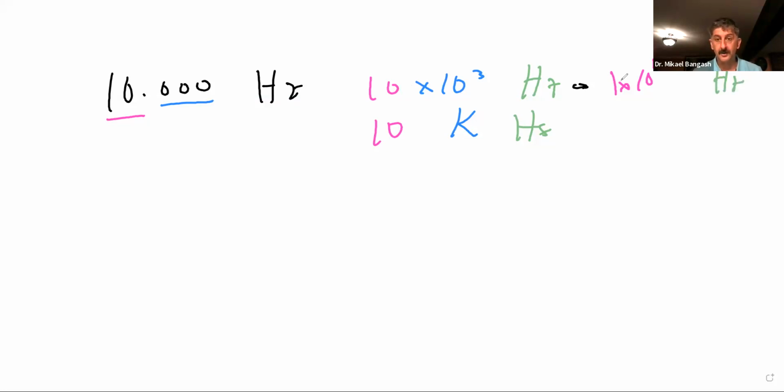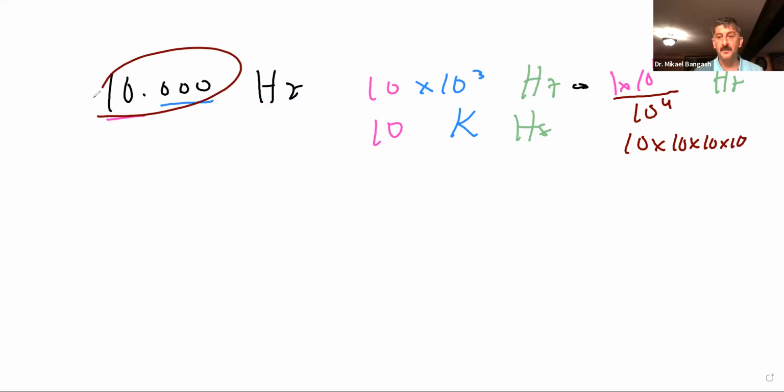So this actually becomes 10 raised to the power 4. What does that mean? That means 10 multiplied by 10 multiplied by 10 multiplied by 10. When you do that math, 10 times 10 is 100, times 10 is 1,000, times 10 is 10,000 hertz.